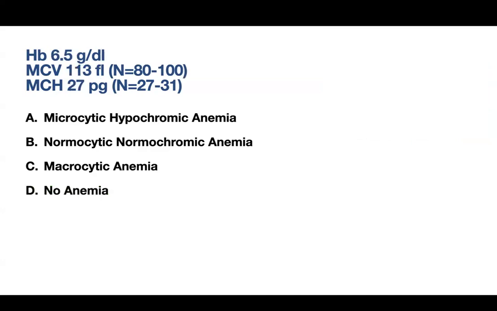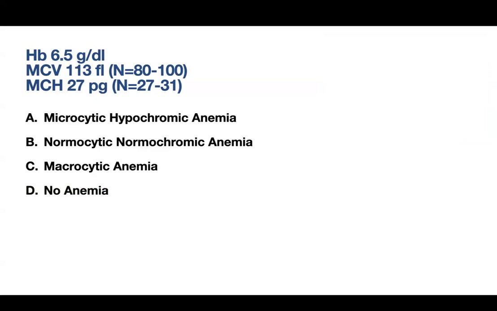Final question. A patient comes in with a hemoglobin of 6.5, an MCV of 113, and an MCH of 27. What type of anemia does this patient have? It's no fun when you guys are too smart, mashallah. Okay, yes, it's a macrocytic anemia.